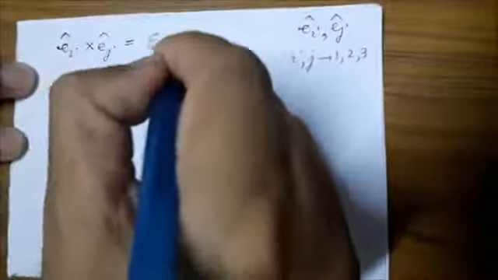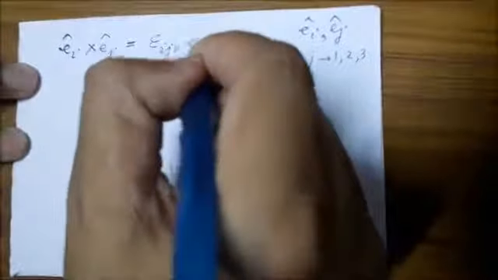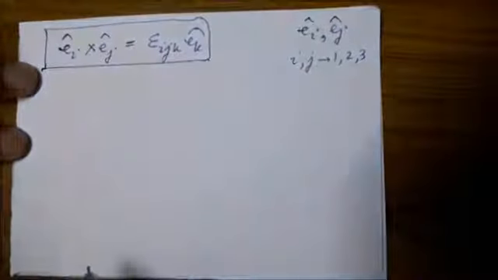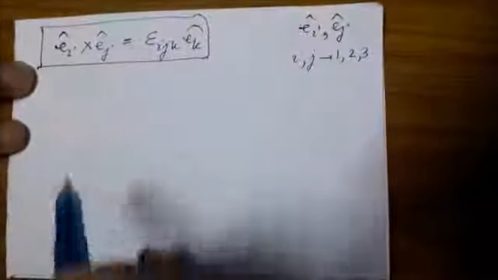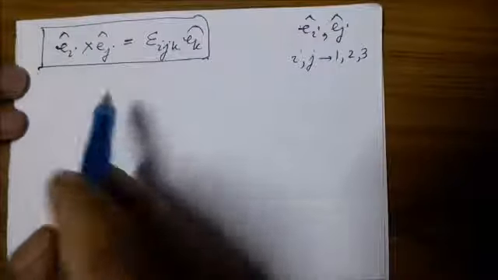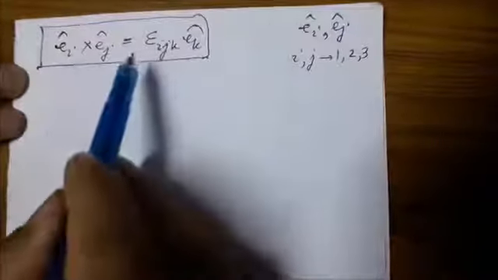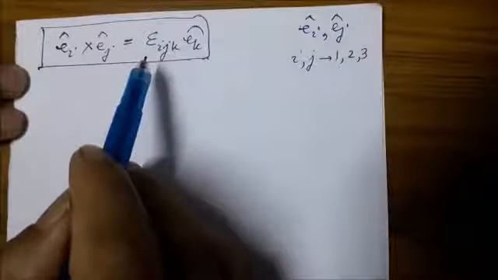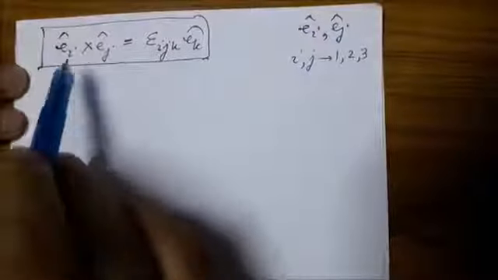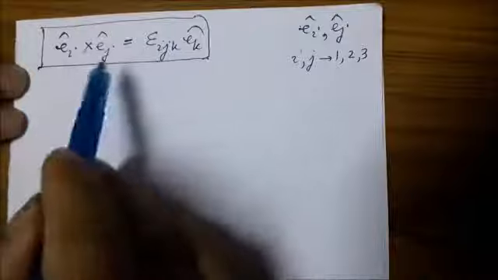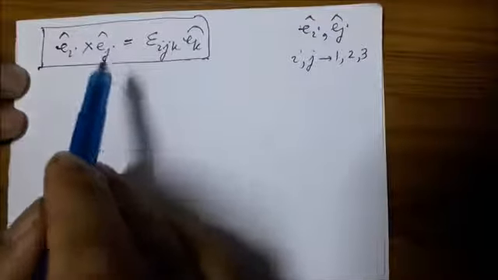So the cross product of unit vectors e_i cap and e_j cap can be written as epsilon ijk into e_k hat. So instead of writing so many relations, we can write a single relation using Levi Civita symbol. Now we'll prove these relations in later videos.